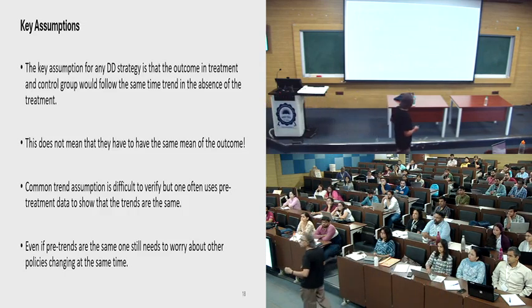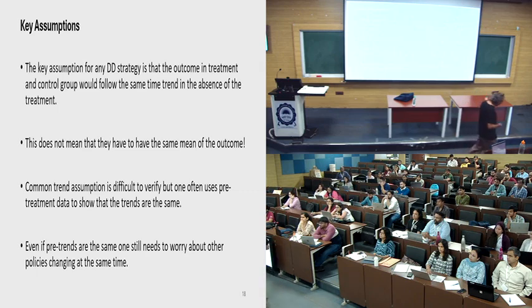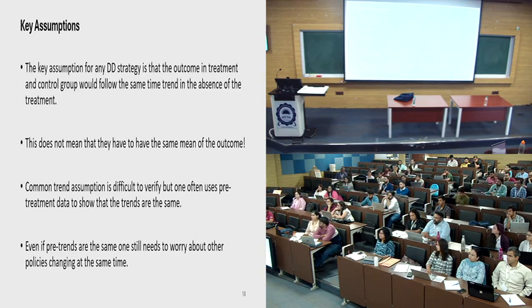Given this, what are the key assumptions? The key assumption for any DID or DD, or whatever you call it, is that the treatment and control group should follow the same trend in the absence of the treatment. Clear? This does not mean that they should have the same mean. They should have the same trend, and we call this the common trend assumption.